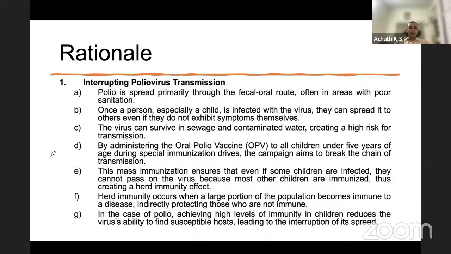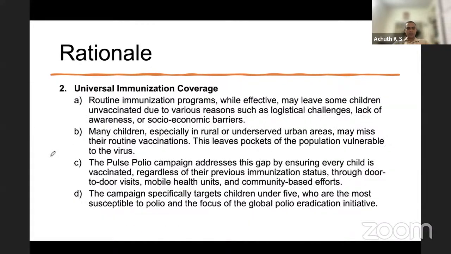It was protecting the children from the wild polio virus. What did we call this? This is called herd immunity. In case of polio, achieving high levels of immunity in children reduces the virus's ability to find susceptible hosts. This led to the interruption of the spread of wild polio virus.